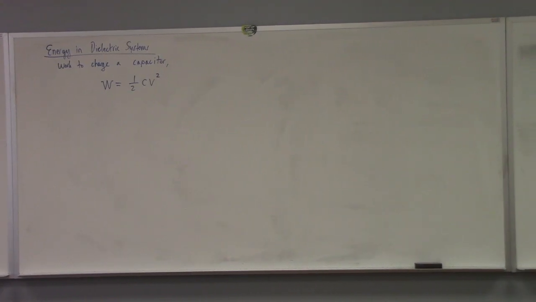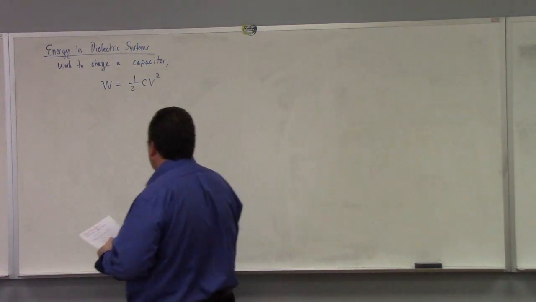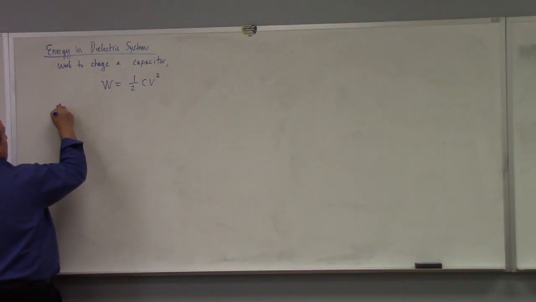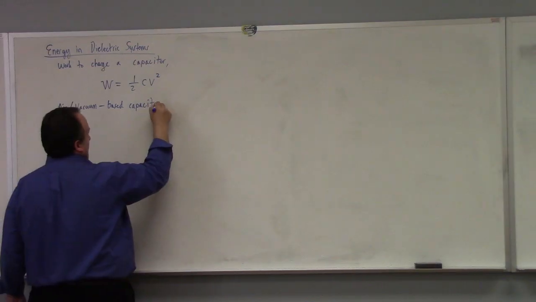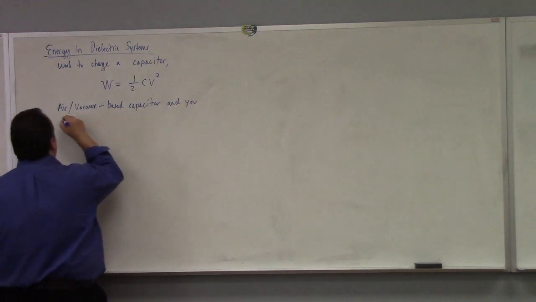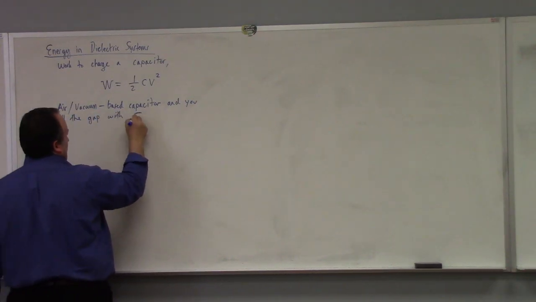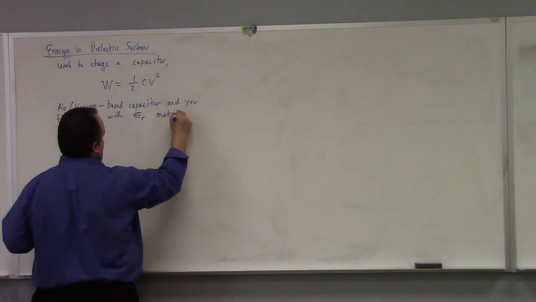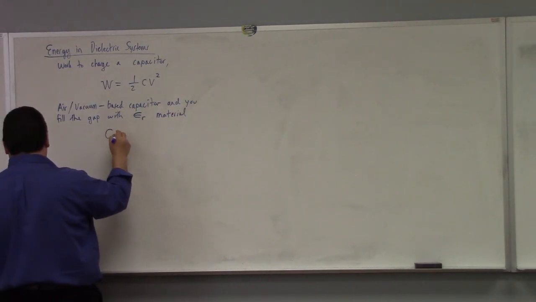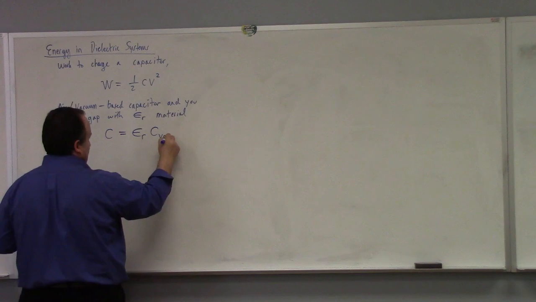And Griffiths points out that if we take a vacuum-based capacitor and fill the gap with a dielectric material of permittivity epsilon R, then your capacitance would be epsilon R times the vacuum capacitance.